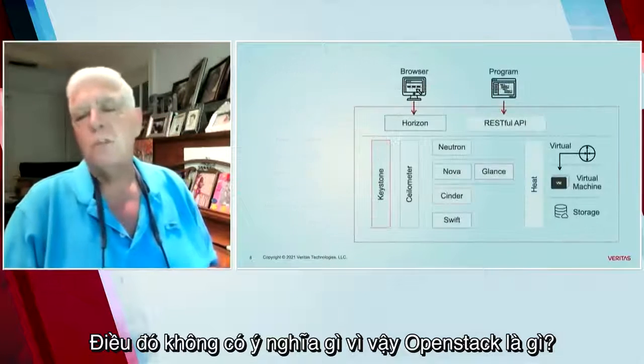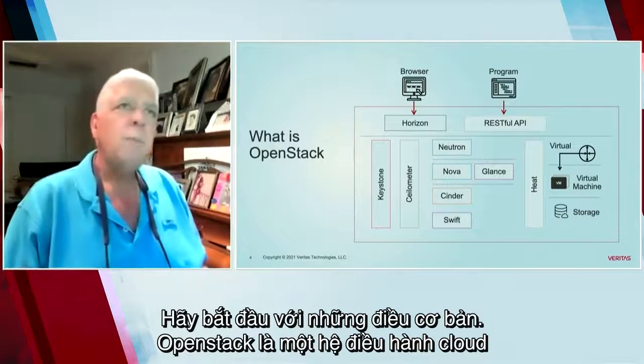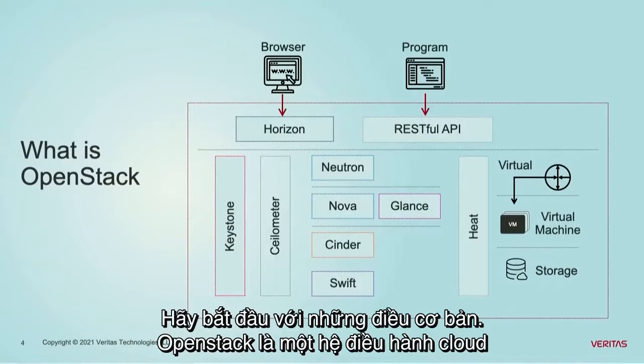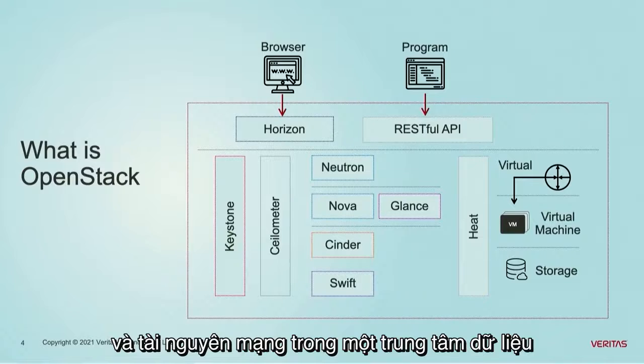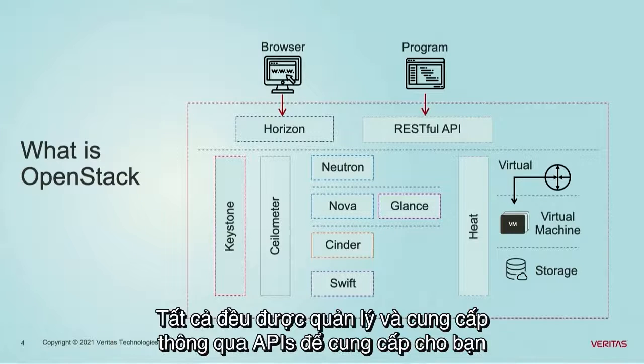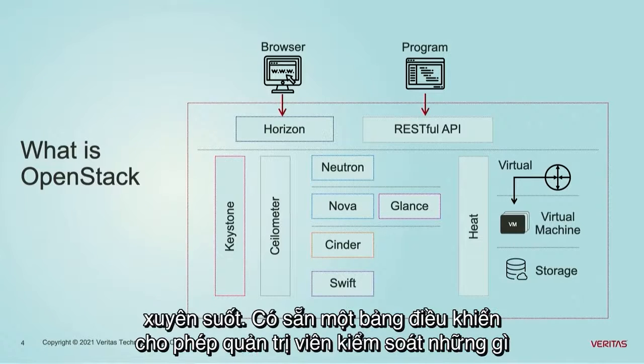So what is OpenStack? Let's just start with the basics. OpenStack is a cloud operating system that controls large pools of compute and storage and networking resources throughout a data center, all managed and provisioned through APIs to give you flexibility and access with a common authentication method throughout.